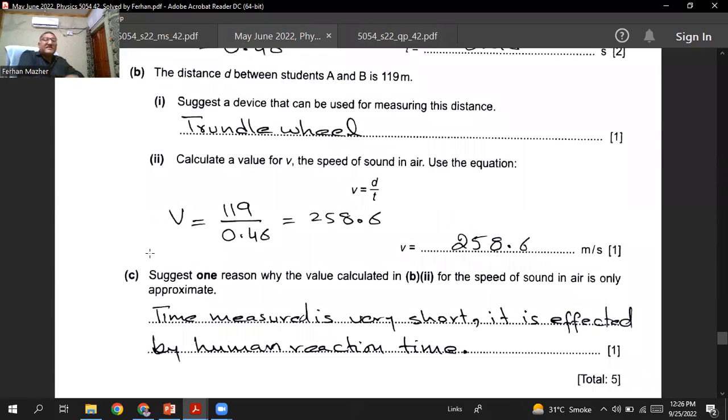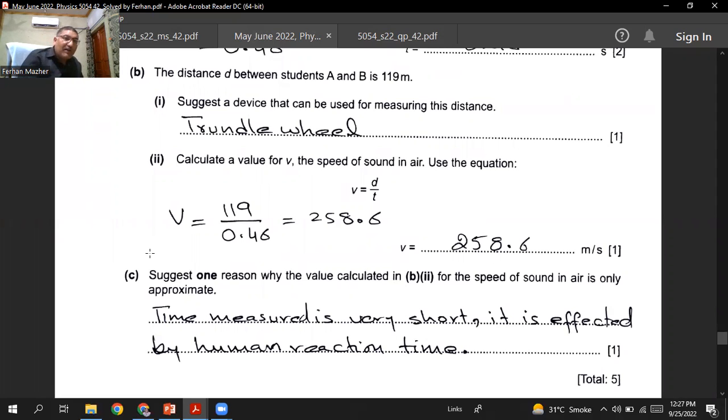Then the question is, the distance, the small d, between student A and B is 119 meters. Suggest a device that can be used for measuring this distance. For 119 meters, you can use many instruments, but one good and easy instrument is a trundle wheel. It's basically a wheel which has a handle. You hold the wheel by the handle, and as you walk, the wheel makes revolutions on the ground, and each revolution corresponds to a certain distance.